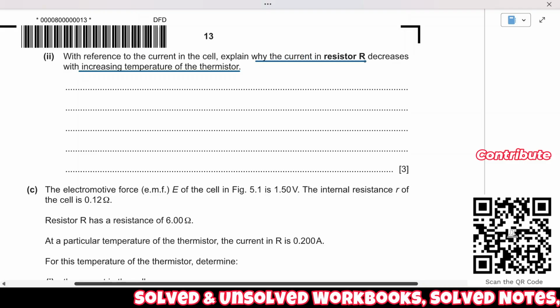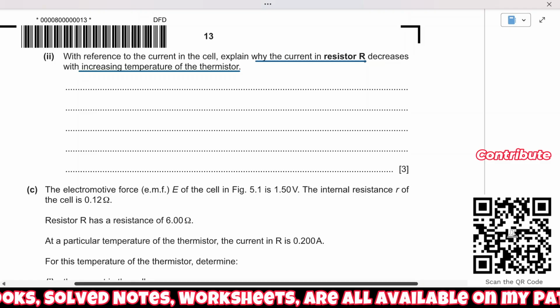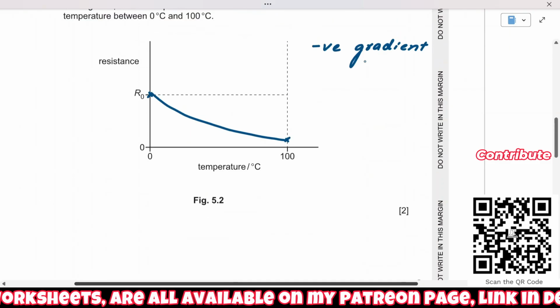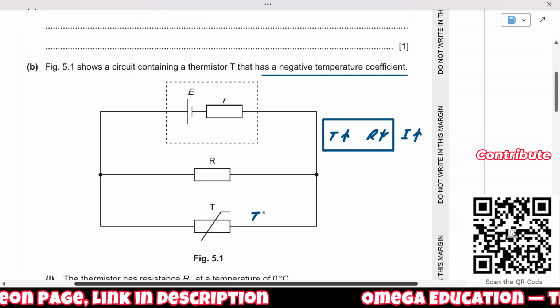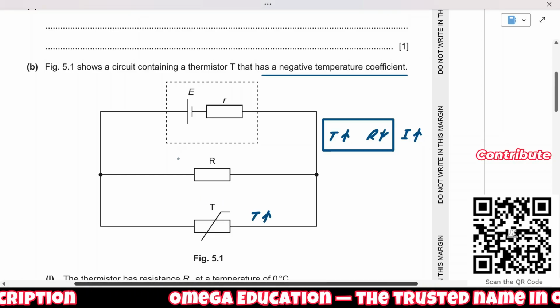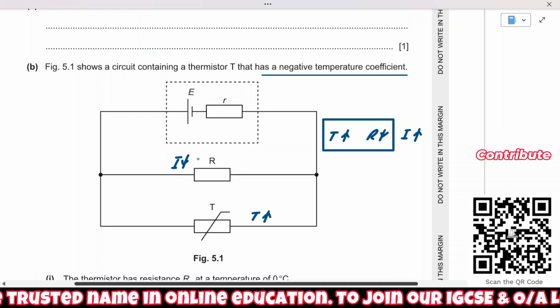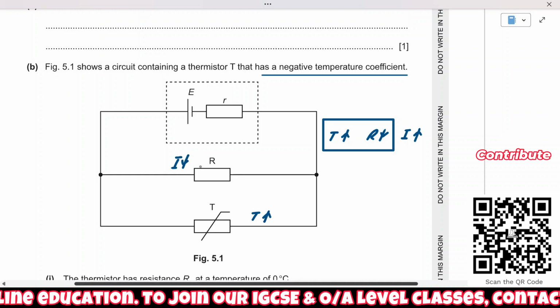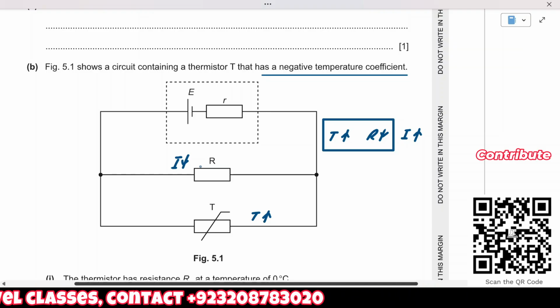Resistor R is the other resistor, and that current decreases. They're asking why, as you increase the temperature, the current in the resistor R decreases.